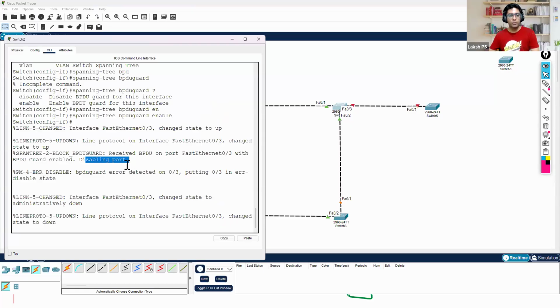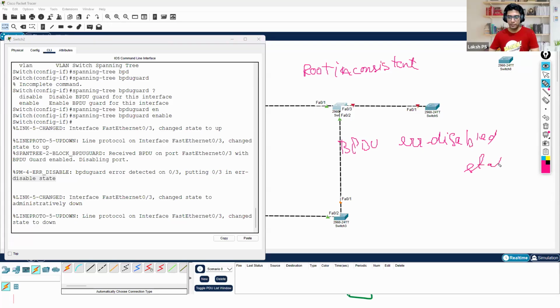Because a BPDU was received, a BPDU error has been detected, and it has moved 0/3 into an error disabled state. If it is root guard, it will be a root inconsistent state. If it is BPDU guard, then it is the error disabled state.